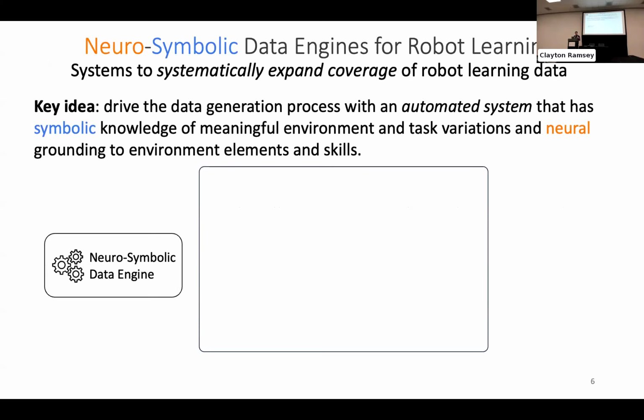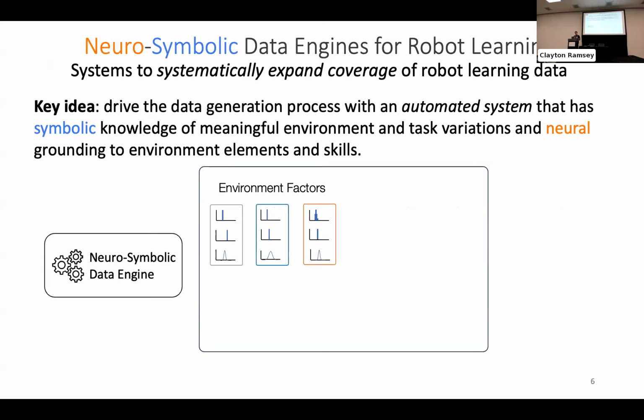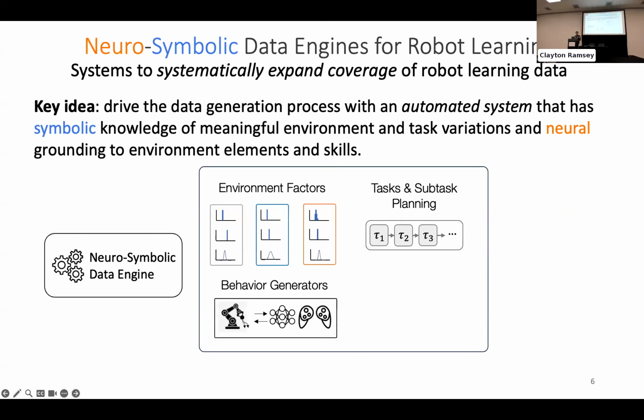It will involve lots of external structural knowledge, like defining environment factors to vary, what the possible tasks to solve are, and task planning to create meaningful tasks, goals, and steps. It also has unstructured components like behavior generators to produce actions, which could be a learned policy or scripted controller, or even humans, human demonstrators, to break the chicken-and-egg problem. And finally, some reliable verifiers to assess the outcome so that we know which data is good or bad.